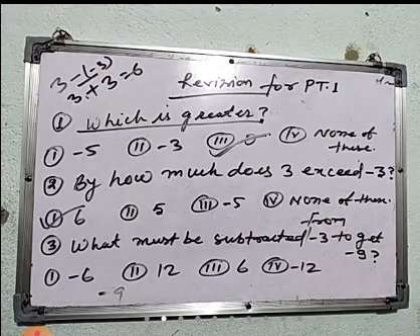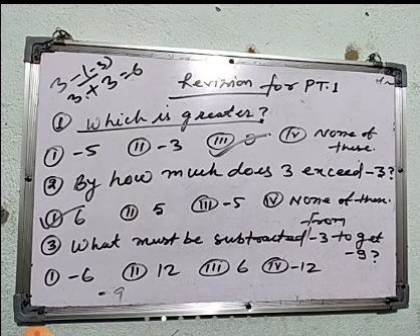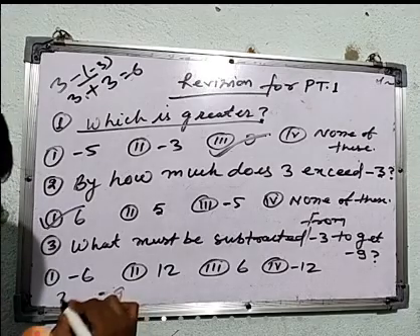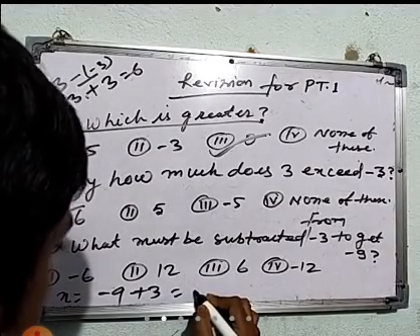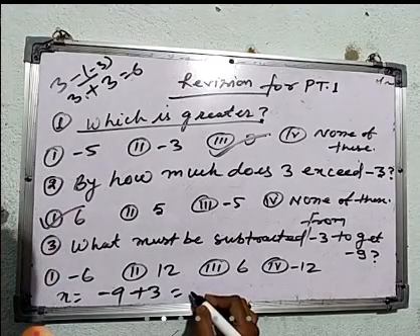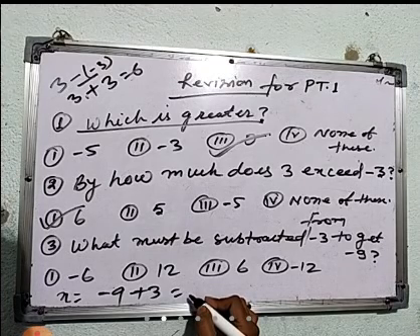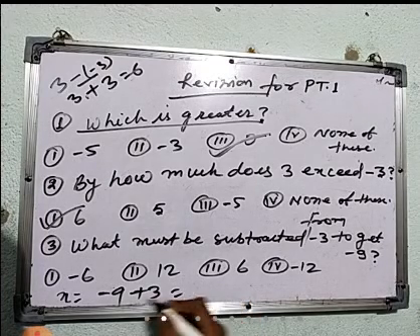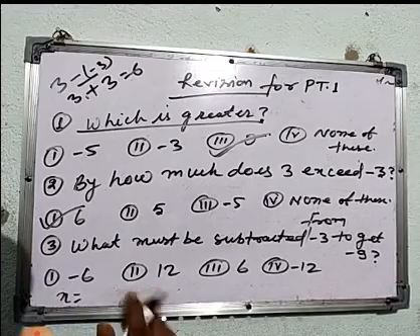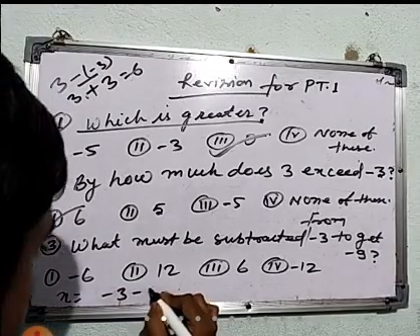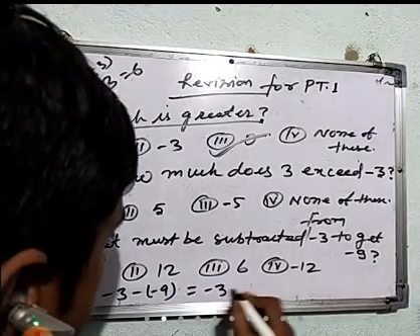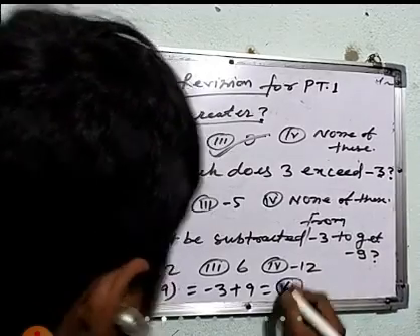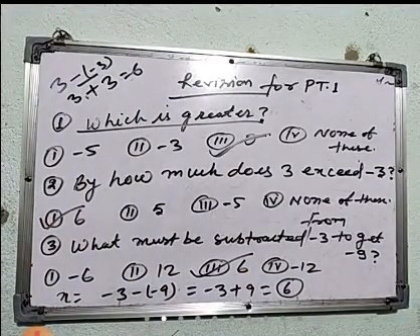What must be subtracted from -3 to get -9? So you write x equal to -3 minus -9, equal to -3 plus 9 equal to 6. So your third option is true.